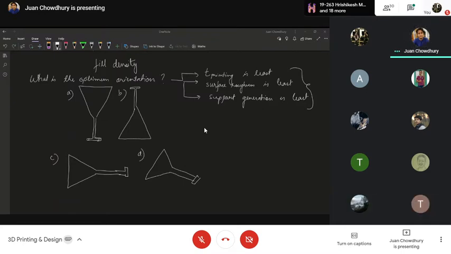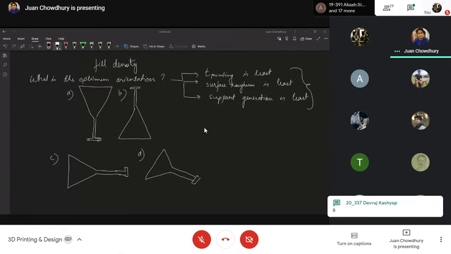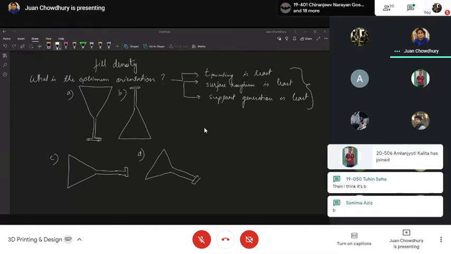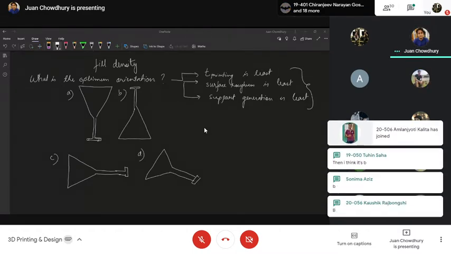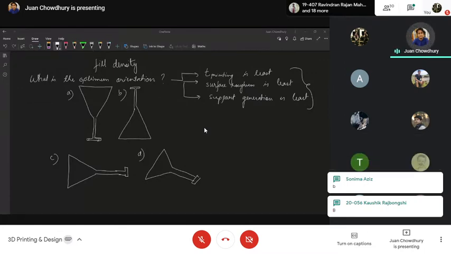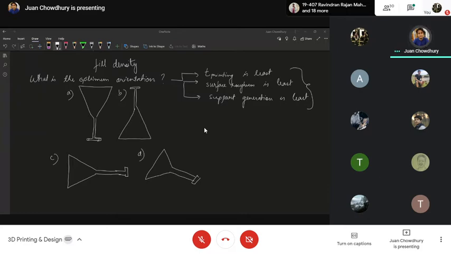FDM. B. B. Okay, any particular reason? Why would you think that B has the optimum orientation? Any particular reason for that?